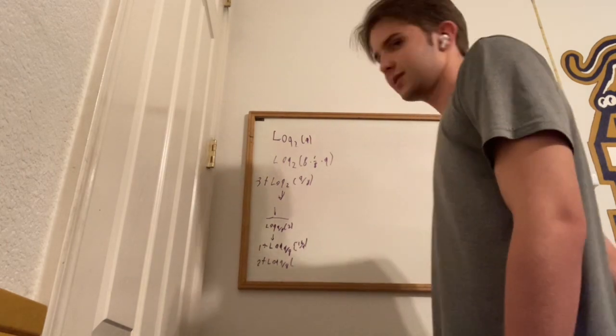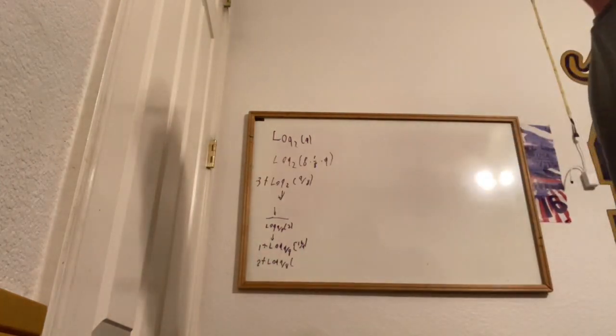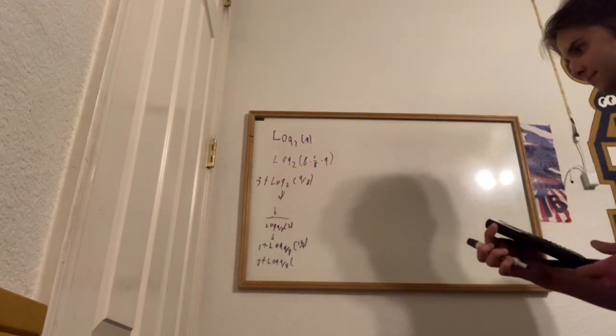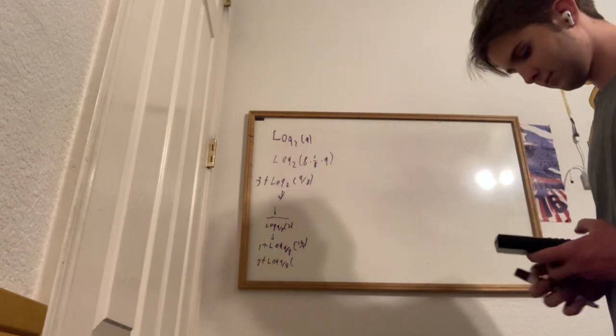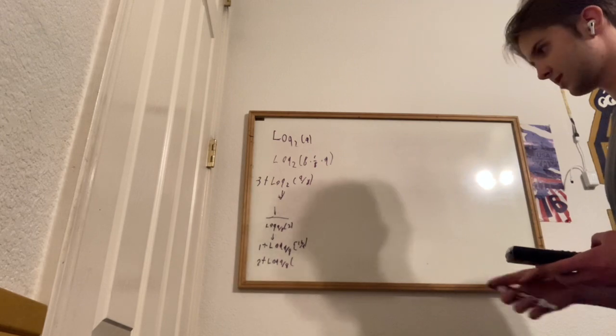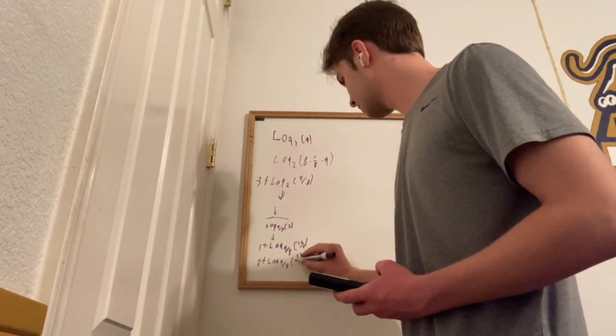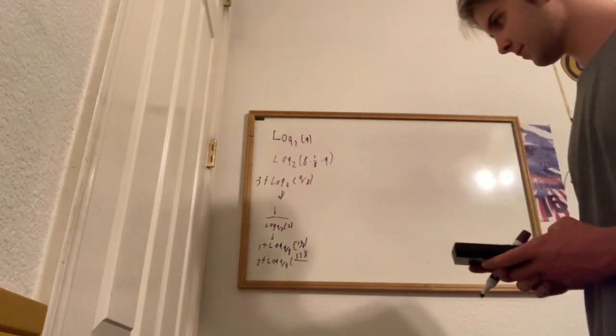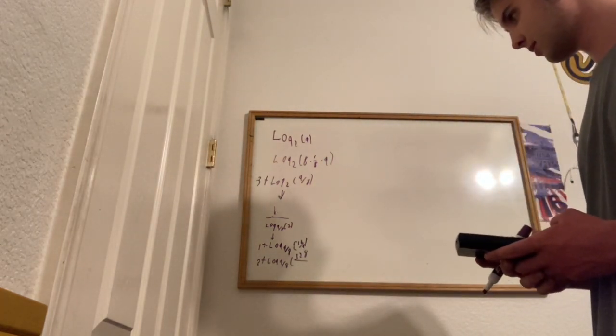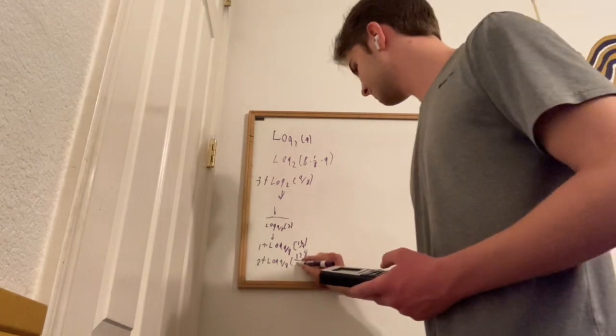And I don't know 8 times 16 off the top of my head. Let me use a calculator. So that's going to give us 128 over 9 times 9, which is just 81.